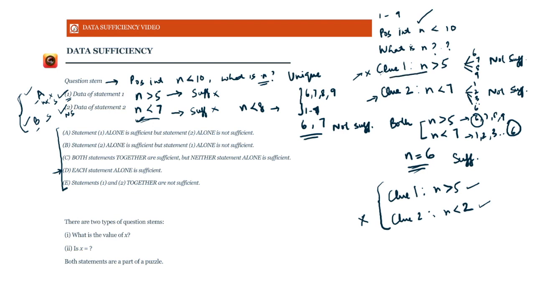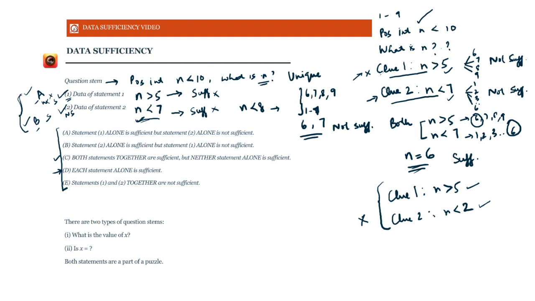Like over here, we check whether clue 1 and clue 2 together are sufficient because we found that neither clue is sufficient alone. So we put their data together and then saw whether it is sufficient now. If we find that with the data of statement 1 and statement 2 together, we get a unique answer, then our answer becomes C. C is that both statements together are sufficient, but neither statement alone is sufficient.